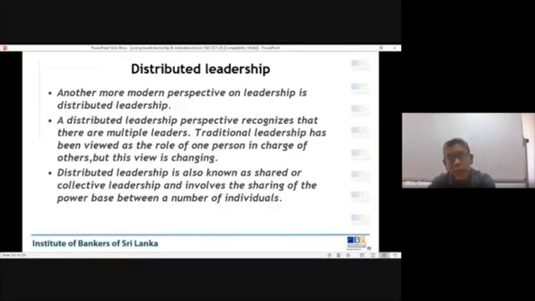So up to now, we called them the leader, as one guy. You must have all those sorts of characteristics. So that's a traditional leadership view: the role of one person in charge of others.